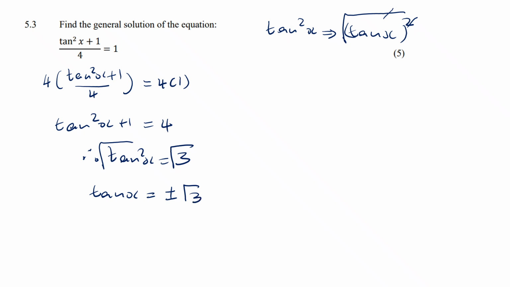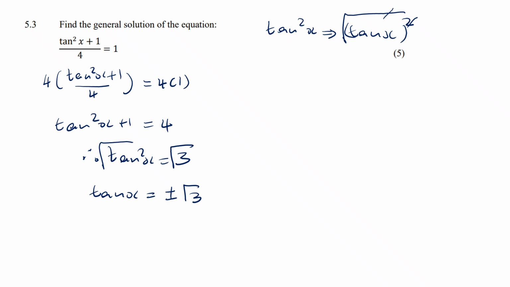I hope you understand that part. Plus or minus the root of 3. Perfect. So now you just have to go to your calculator to find your reference angle. So when you take the tan inverse of that root 3 without those signs, because the signs just tell us which quadrants we need to work on.